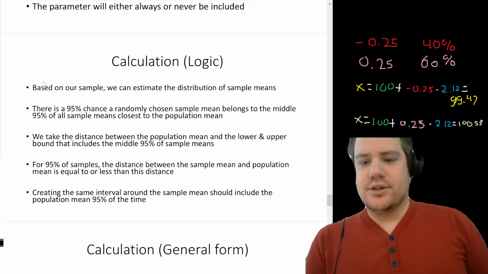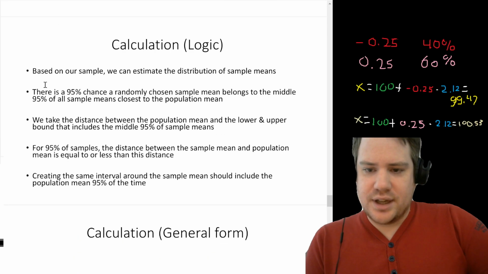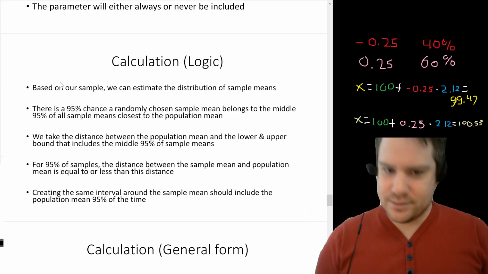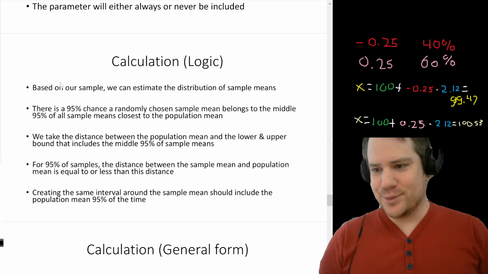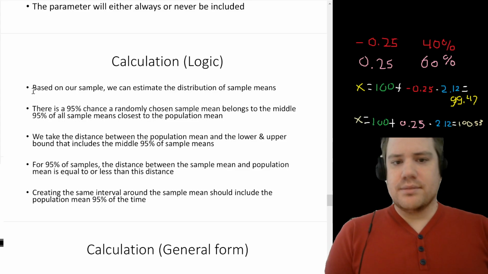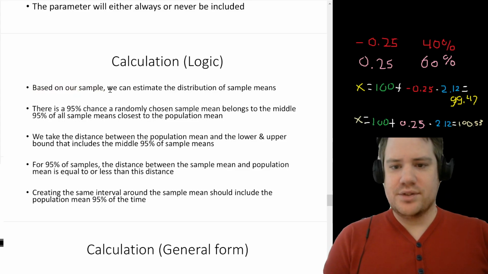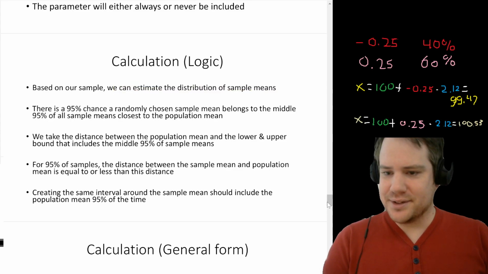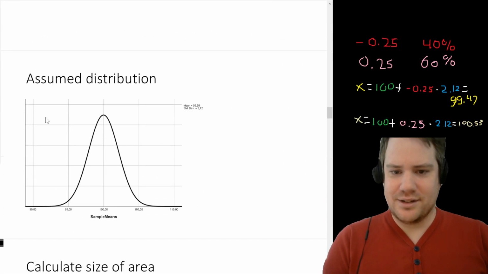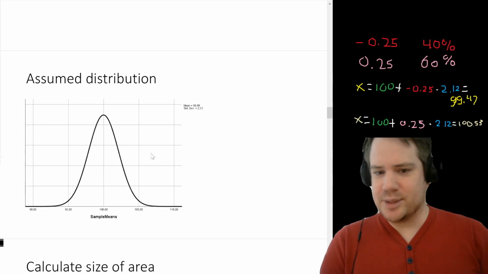Now we look at how the calculation works, and we start with the more general idea, and then we apply it to the case that we've been working with so far. So we use our sample to estimate the distribution of sample means, to make an educated guess of what this looks like. We do that based on the sample and certain assumptions that we make.